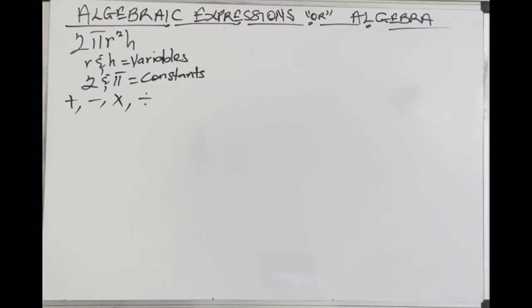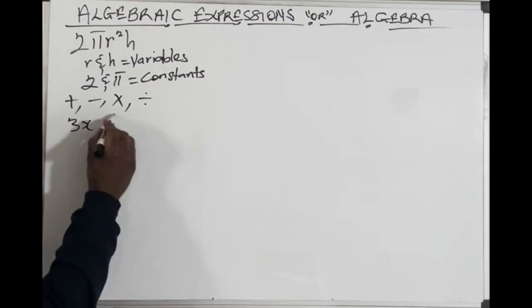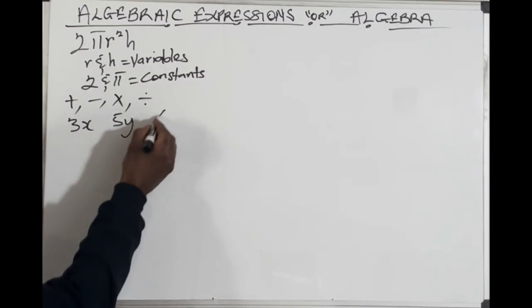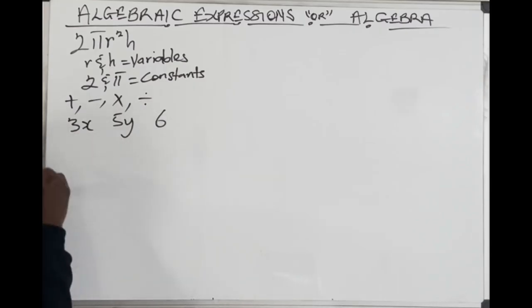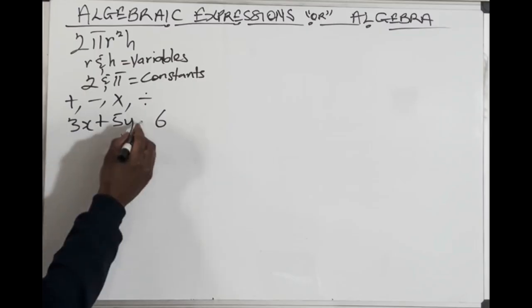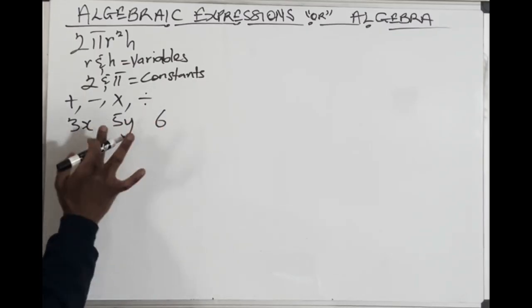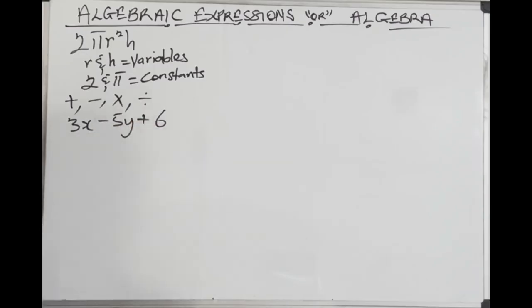So we can have a term like, let's say 3x, 5y, and let's say 6. And then what we are saying is these signs can separate them. So plus can separate it and then minus, okay? Or it can be minus or plus, okay? All right, so that's what we are saying.